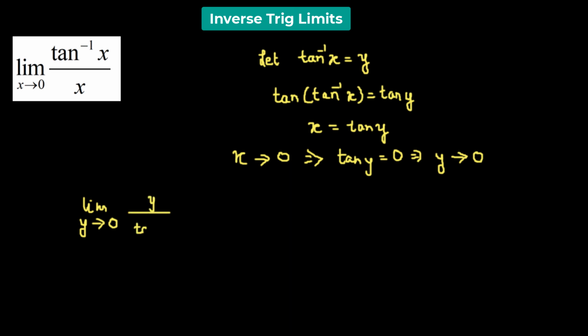So x will be tangent of y, which is equal to 1 over limit y approaches 0 of tangent of y divided by y, and the limiting value of tangent of y over y when y approaches 0 is 1. So we have the limiting value, which is 1 over 1, that is equal to 1.